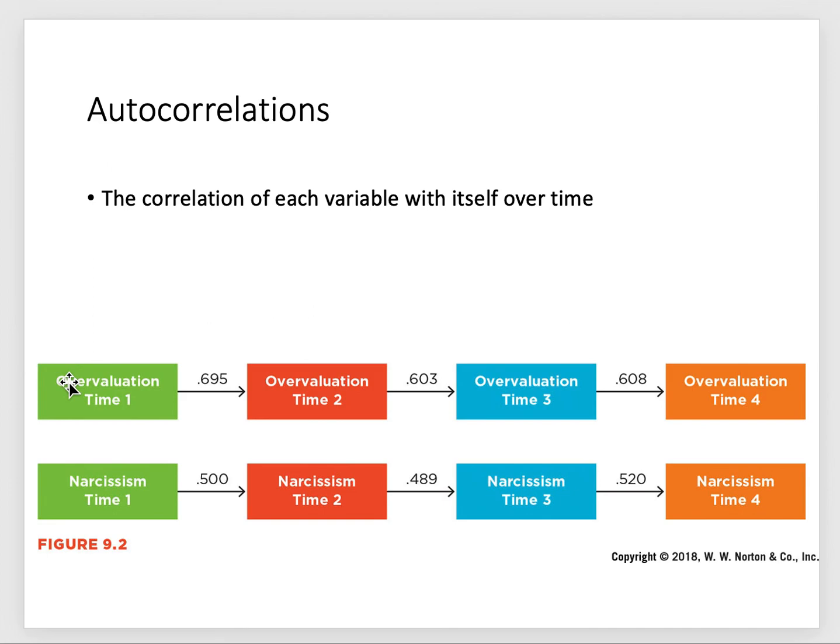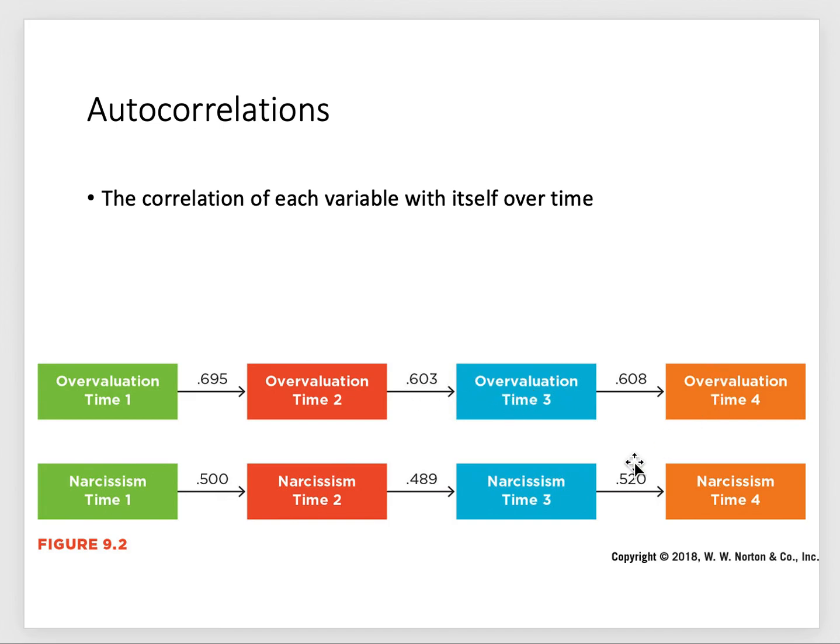For overvaluation, which is a personality trait, the sample level between time 1 and time 2 was correlated at almost 0.7. So almost 70% of what they reported at time 2 was dependent on what they reported at time 1. Same thing between time 2 and time 3, that correlation is 0.6.